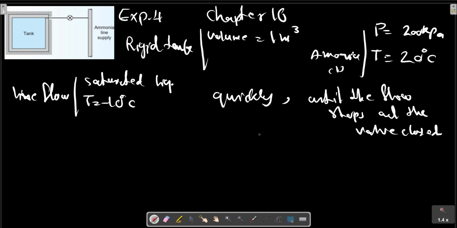As the process happens very quickly, there is no heat transfer. Determine the final mass in the tank and the irreversibility in the process.